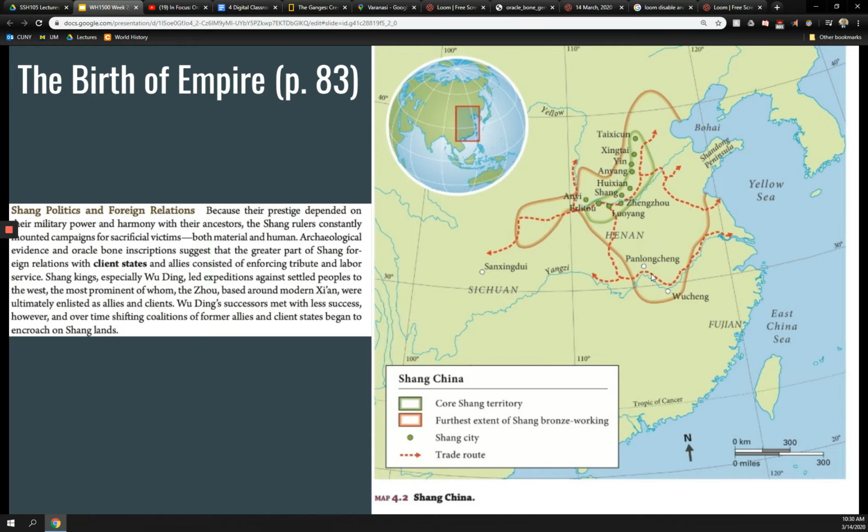And then outside of that, we have other areas that are under that empire's control or influence in some way. The book calls these client states. Client states indicates a sense of fealty between the client state and the center. And so this is kind of like imperialistic thinking. This is probably one of the world's first empires forming.